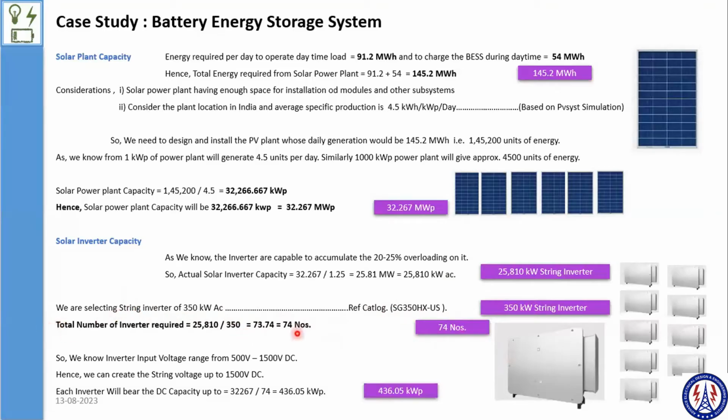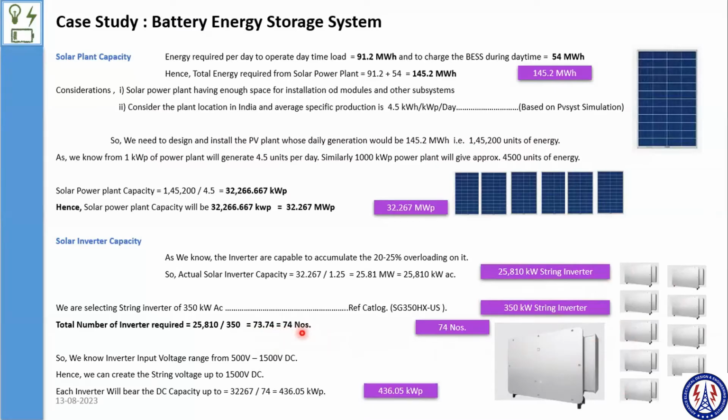A single string inverter serves 350 kilowatt. So how many numbers would be required? 25 megawatt, so 25,810 divided by 350, since each inverter rating is 350. It gives me 73.74, nothing but 74 string inverters. So I think we have 45 containers of the battery and 74 string inverters.